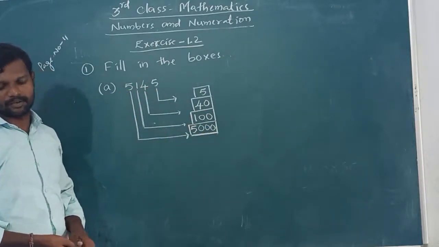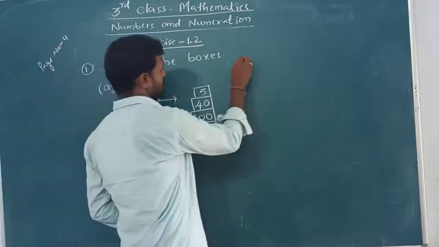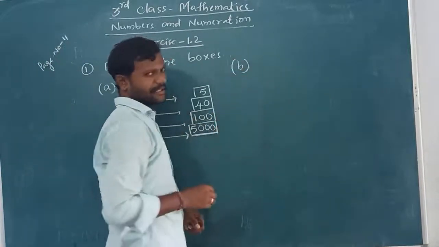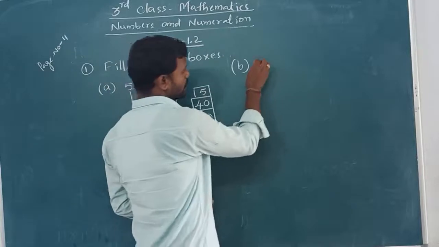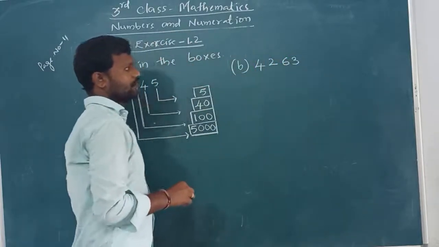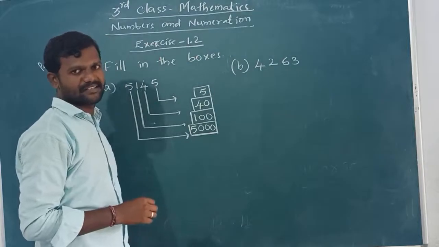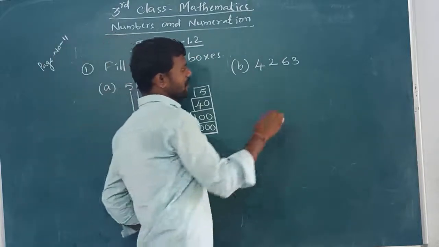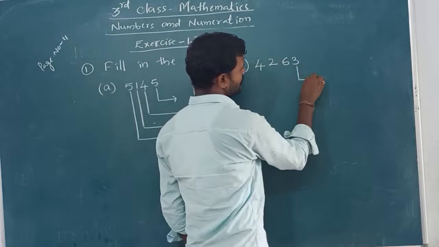Okay. Next, B problem in the same bit. What is the B problem? 4263. That is the problem given, and the same boxes we have to take.